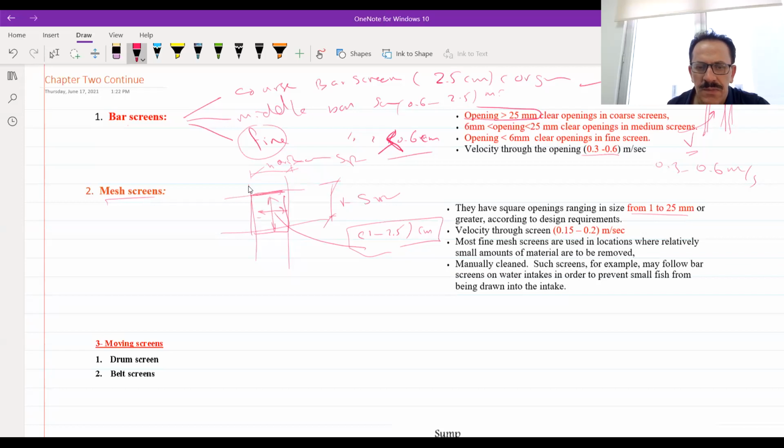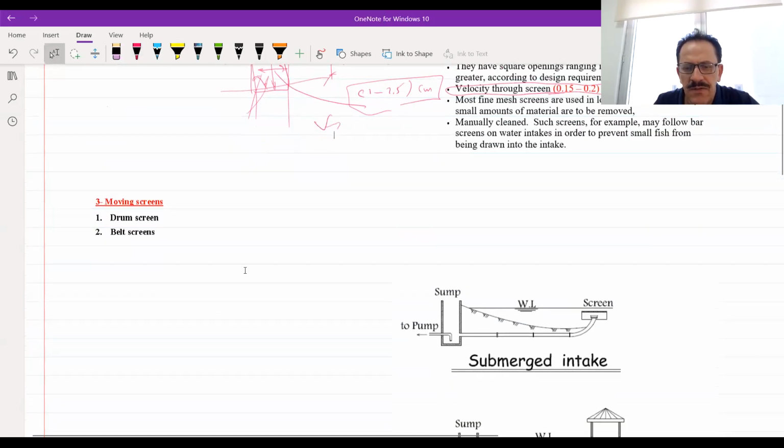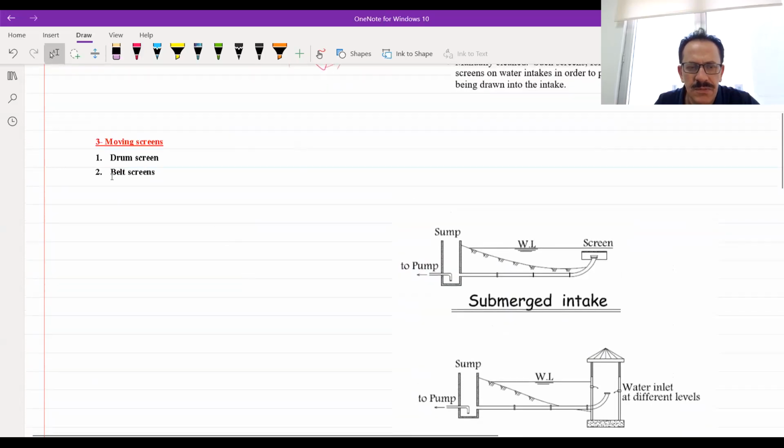While for the mesh, we should have less velocity of water. But why? Because we don't want obstacles to get stuck on this one, and besides that, more velocity means more head losses, which means the water loses its energy. And this is as we had in the previous chapter.